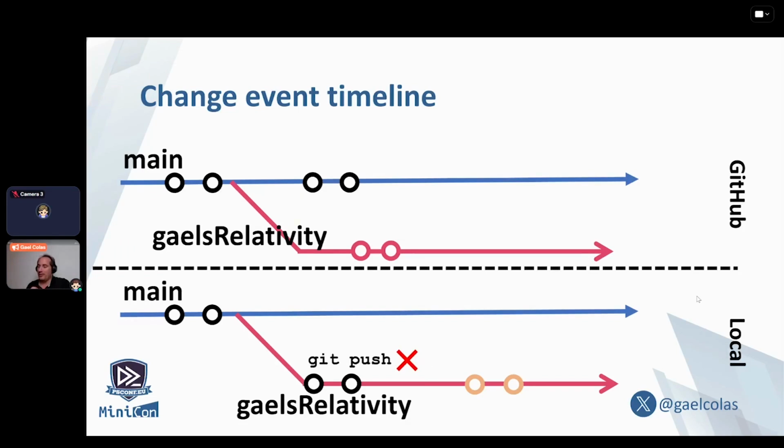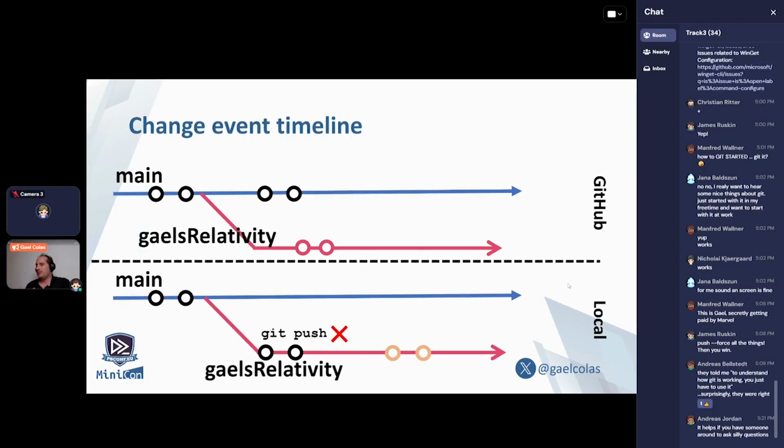If you try to do a git push from here, you will have an error saying you're not allowed to push this because there's something wrong with your history. Something is not right. If you push with force, then you can replace what is on your branch because it's still tracking it, because you know that your local copy is correct. I'll do a quick note, and I will get back to the note.